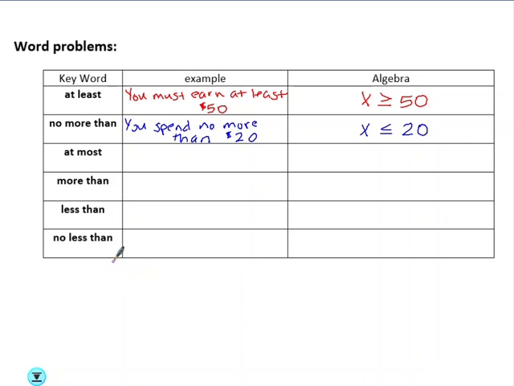Next, at most. You could say you run at most half a mile. In algebra, this would again be less than or equal to.